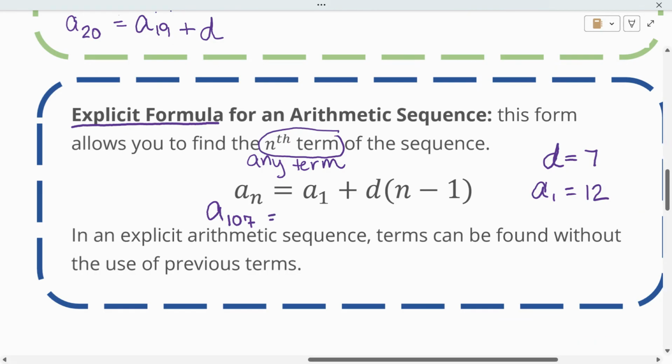So the formula for explicit is you take the first term, a sub 1, which is 12, plus the common difference, which is 7, times the number of whatever term you're evaluating. So this would be 107 minus 1. So put this into your calculator and see what you get.